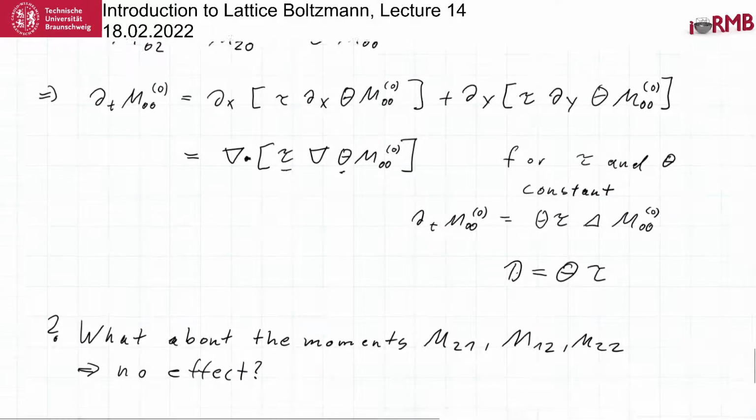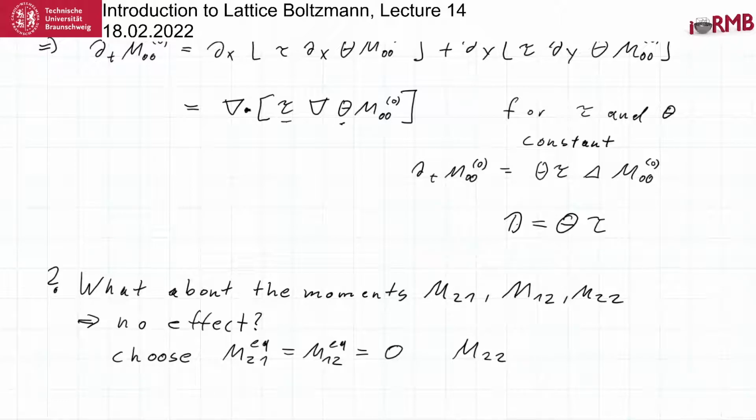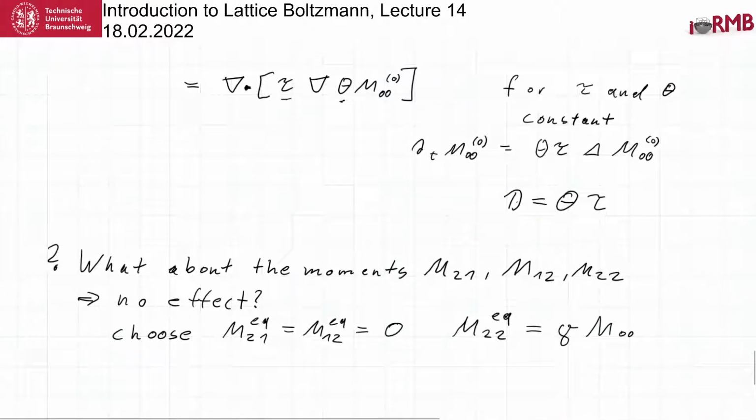There's actually no effect, so we can choose them in any way. Let's choose M12 equilibrium equal to M21 and both being equal to 0. And this M22 equilibrium, this is an even order moment. I don't like to set this straight to 0 right away, so I set it to gamma M00. So this is leaving this open.